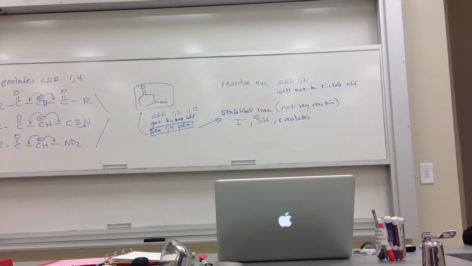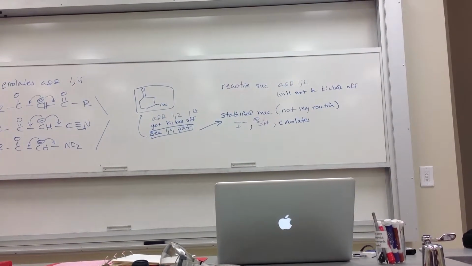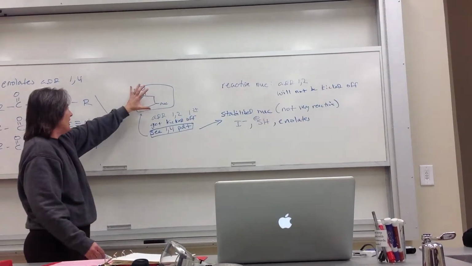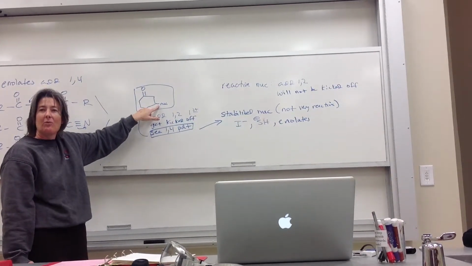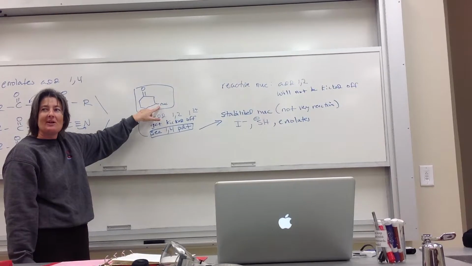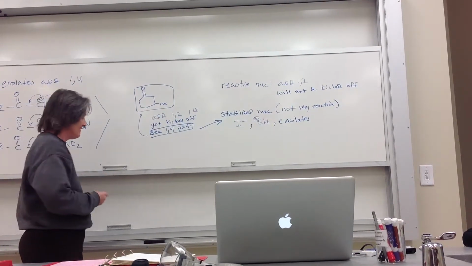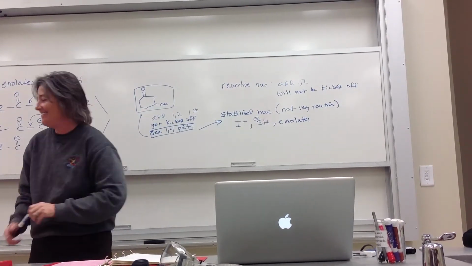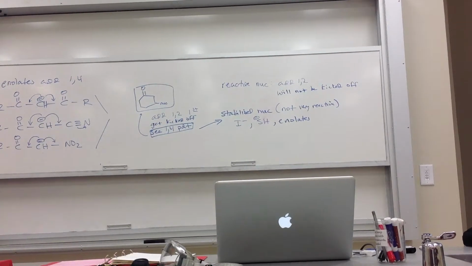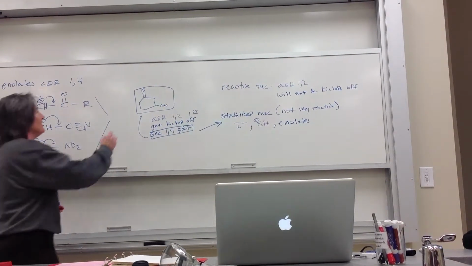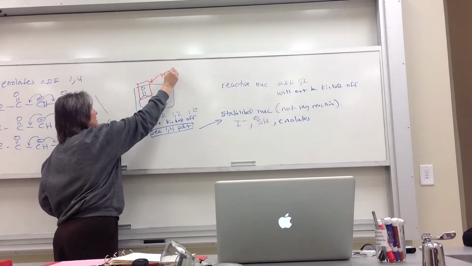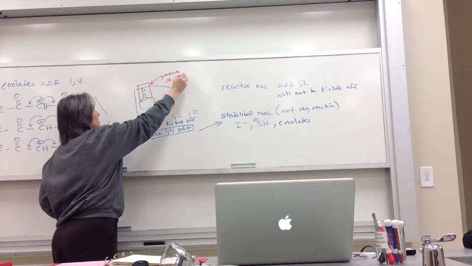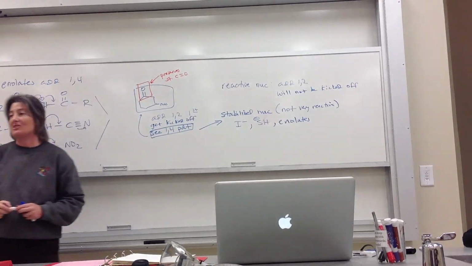What's so special about this molecule? There must be something good about it that makes it preferable for it to add right here. Why? Sterics. No, not sterics. There's a bond in there that's really strong. It preserves the strong C double bond O, and that's something that's favorable.